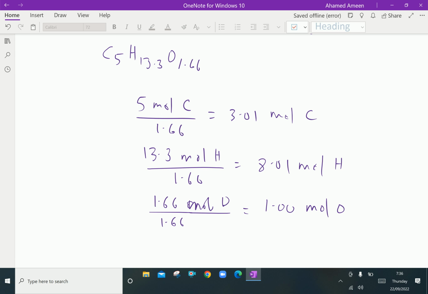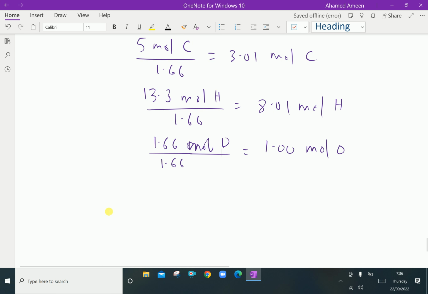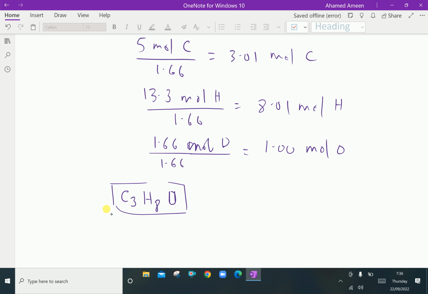Now we have the approximate empirical formula: C3H8O. So this is the empirical formula of the given substance from its percentage composition.